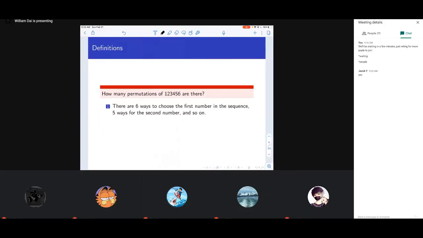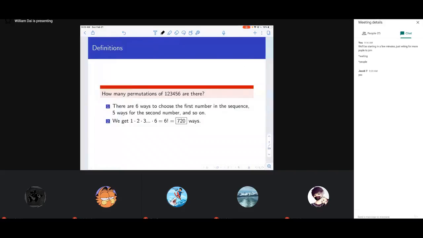We have 6 ways to choose the first number, because it can be any of 1 through 6. Then we have 5 ways, because we can't choose the number that's already been used. Say it's 2; we can't use 2 again, but we can use any of the other 5 numbers.